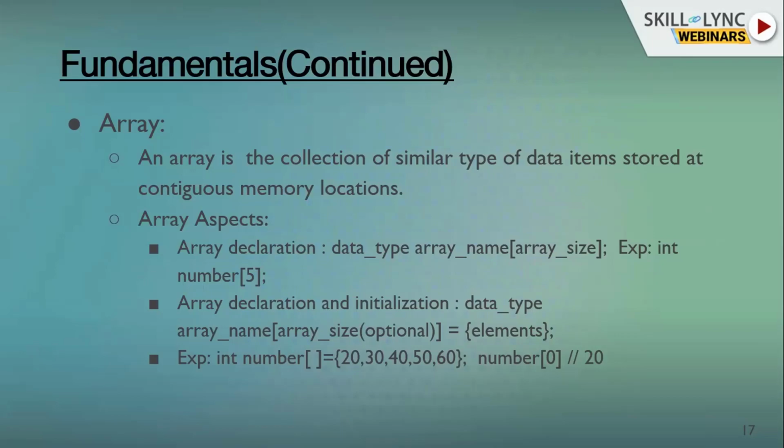We need to identify how much size of array we are declaring. If you take this example, int number[5], with 5 in square brackets, number is the one array, which also represents the base address of that particular array, and it is holding 5 integer values in continuous memory locations.